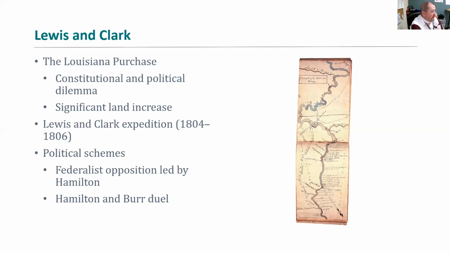Okay, and then, not that you need to know this, but because of some of the political contentiousness of the time, the Democratic Republicans actually try to impeach a Supreme Court justice that was a Federalist. And Aaron Burr, because he's the vice president, presides over the Senate, and the trial occurs in the Senate.